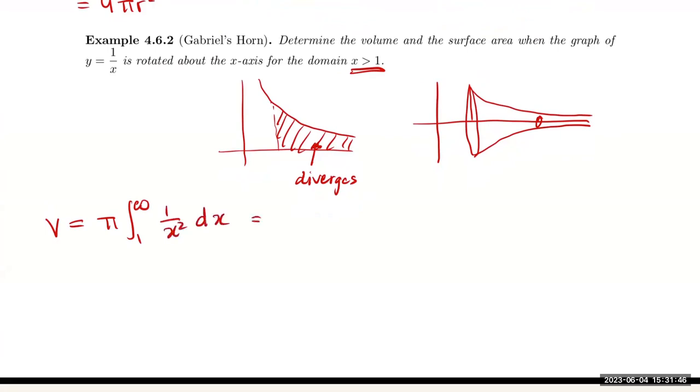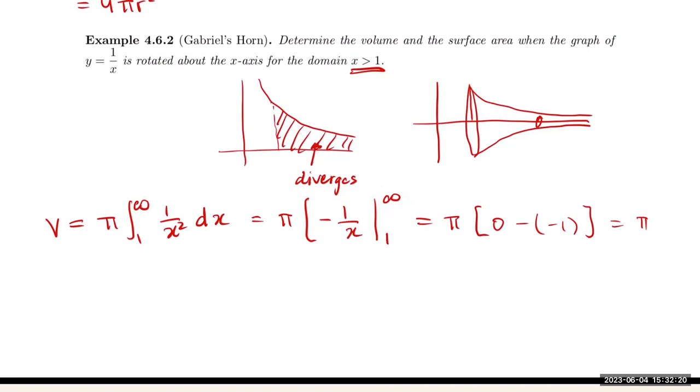So if we compute this, that's pi times negative 1 over x from 1 to t, or 1 to infinity. Well, as the function approaches infinity, we could tell that's just going to equal 0. So that's just going to equal pi times 0 minus negative 1. That's just going to equal pi. So the volume is going to be the finite part.